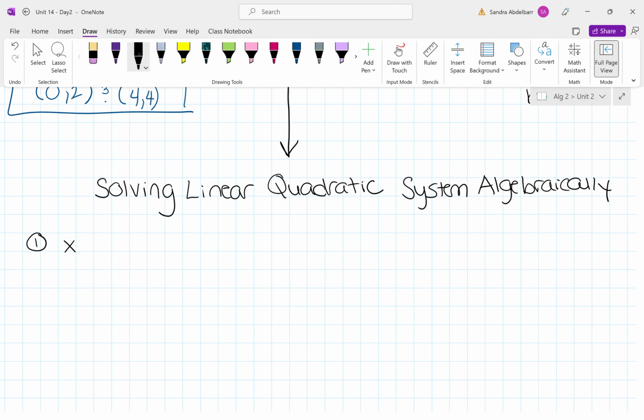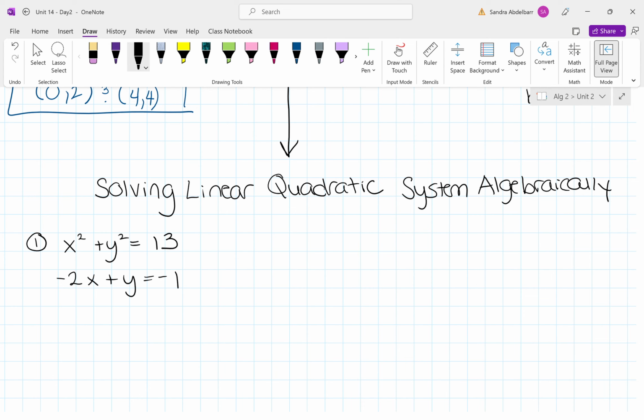So if we want to solve this problem algebraically, if I have x squared plus y squared equals 13, and negative 2x plus y equals negative 1. In my opinion, when you have a quadratic linear system, so one's a degree of 1, one's a degree of 2, the best route to solve algebraically is probably through substitution.